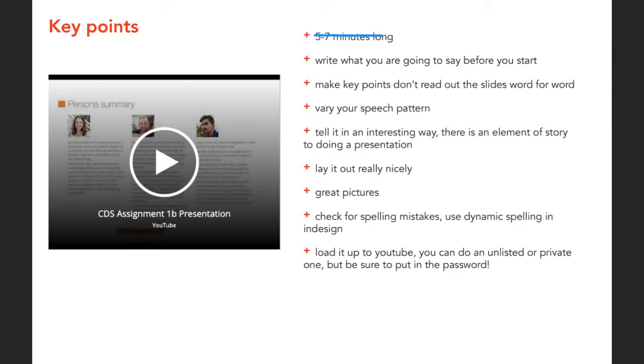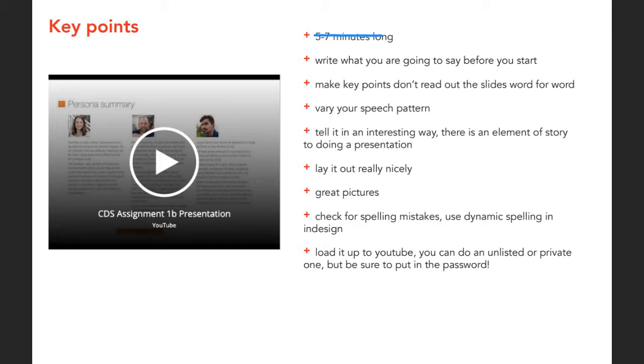Write what you're going to say before you start. That's a really great thing to do: write down the key points for each slide, and list them out like this, but don't necessarily read out all the slides word for word.